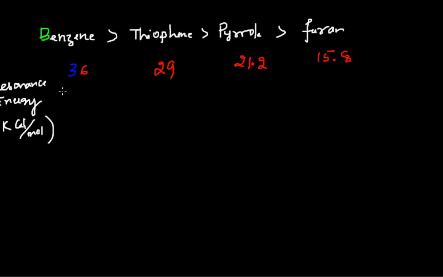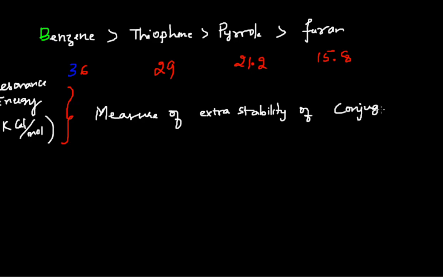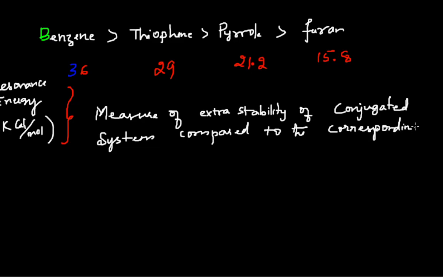Okay, so what is resonance energy? Resonance energy is a measure of extra stability of a conjugated system compared to the corresponding number of isolated double bonds.